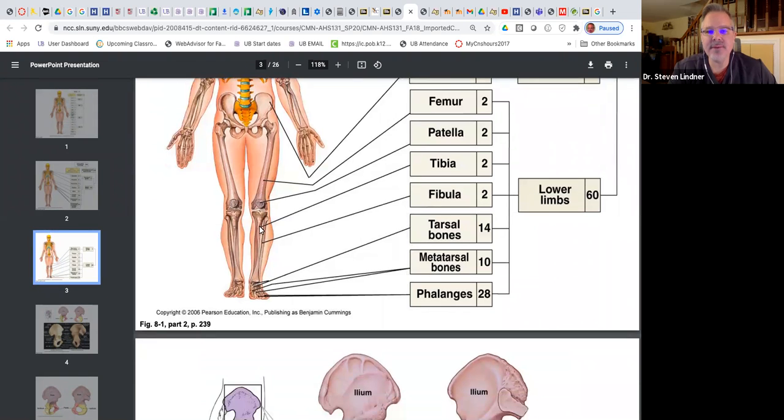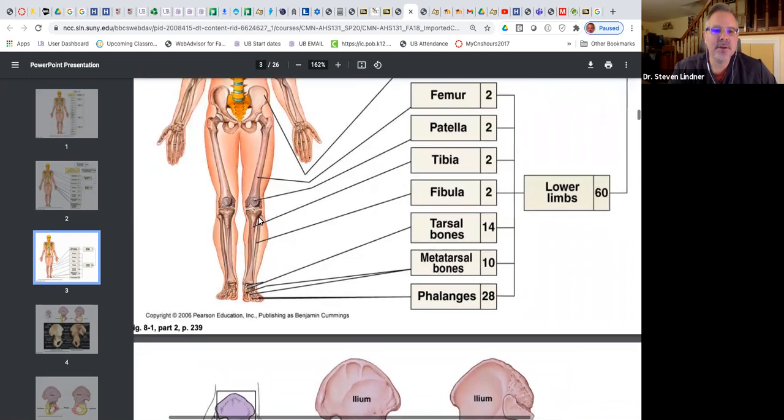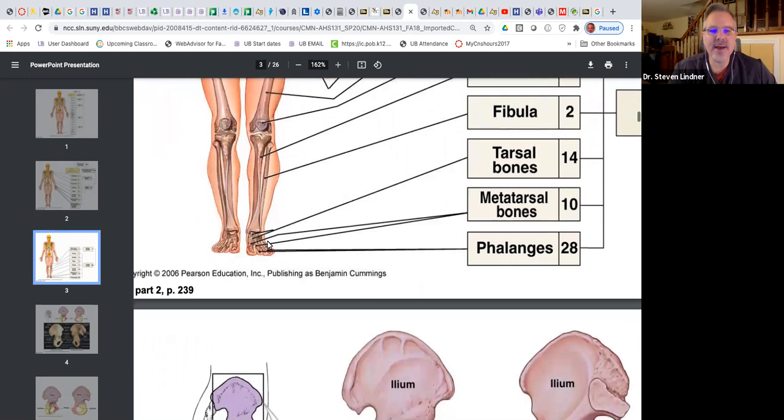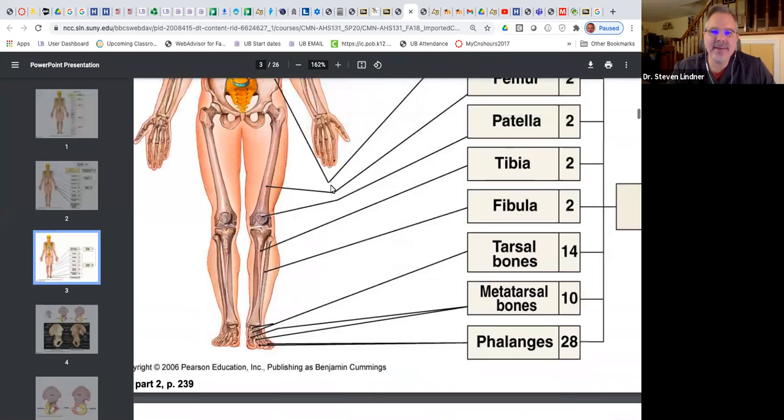Then we'll move down to the leg, where we'll cover the medial bone, the larger leg bone, which is the tibia, then the lateral leg bone, the thinner, smaller one, called the fibula. And then we'll move down to the ankle, where we have the tarsals, metatarsals, and the phalanges.